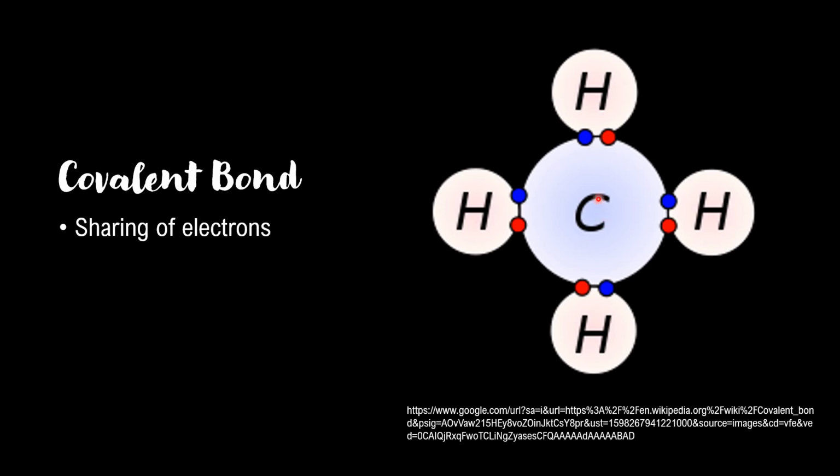So that means carbon can form four covalent bonds with hydrogen. Hydrogen can form one covalent bond, meaning it can share this one electron, and carbon can also share one electron. So these two electrons are both shared by carbon and hydrogen, forming the covalent bond.